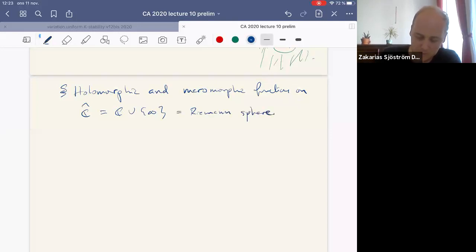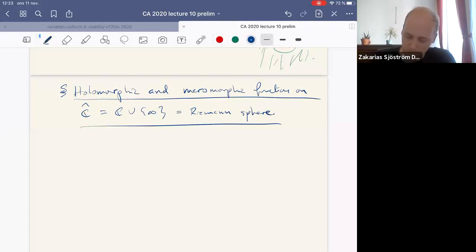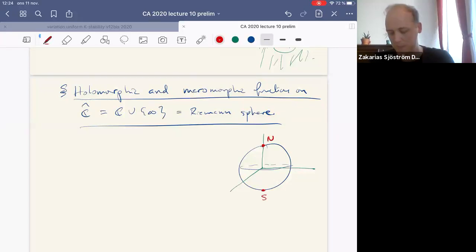Just to do a little recap. Okay, so you will remember the Riemann sphere was this thing here. And you had the coordinate axes in this way. And then you had the North Pole. And then let me also put a South Pole. We never used the South Pole last time, but this is the Earth.